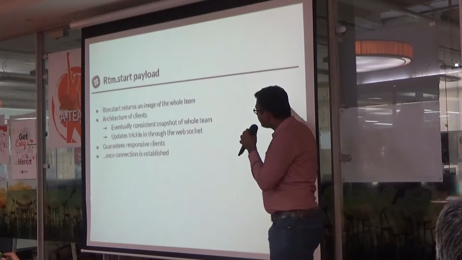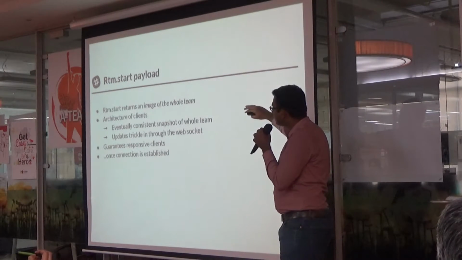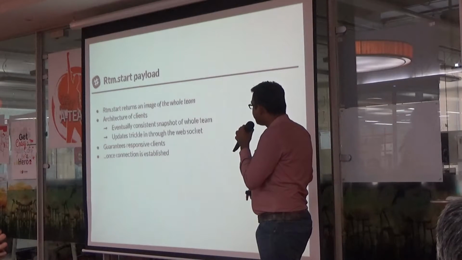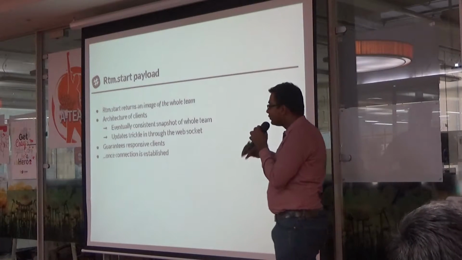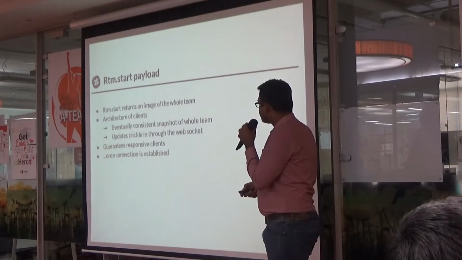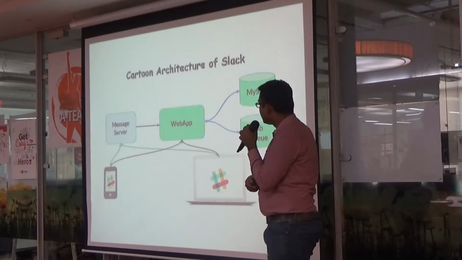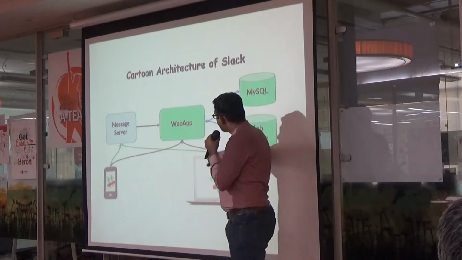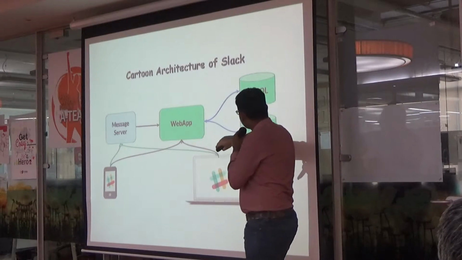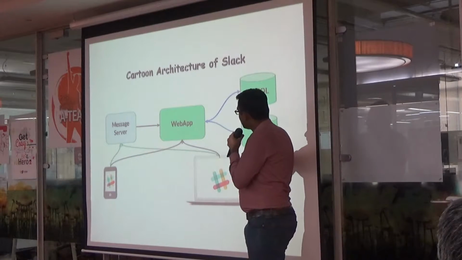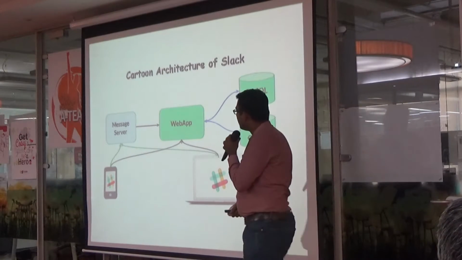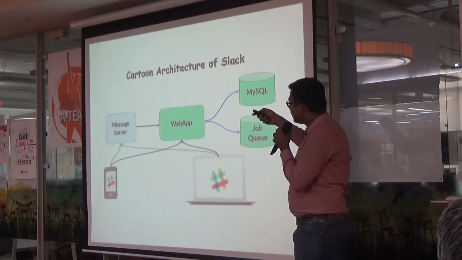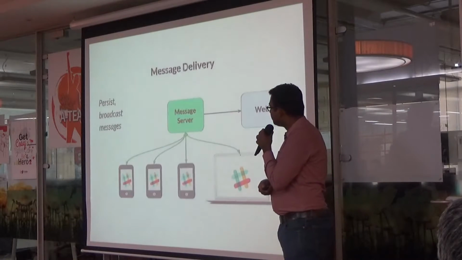So this first frame gives you the image of the whole team, and as I said, this is a snapshot of the whole team, and updates actually trickle down through WebSockets once the connection is established. So just to revisit what we have discussed, first you will try to connect to the web app, you will get the state, and after this your connection to the message server is established, and then further messages will actually be passed by the message server.